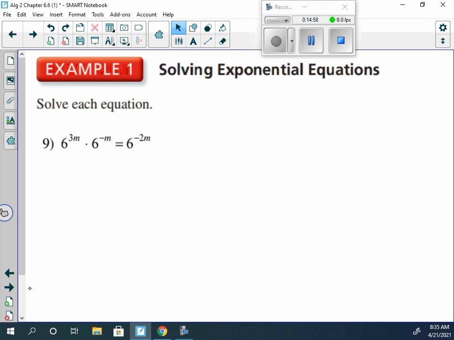So if we look at this one here, I don't have one base on either side. I've got 2 and 1. Now they are all the same. They're all 6, yes? So could I combine the 6 to the 3m times 6 to the negative m? Yes. Because if the bases are the same, the exponents add.